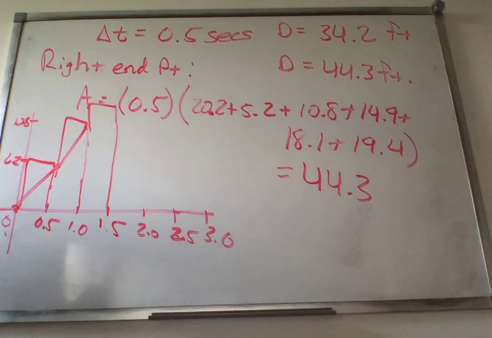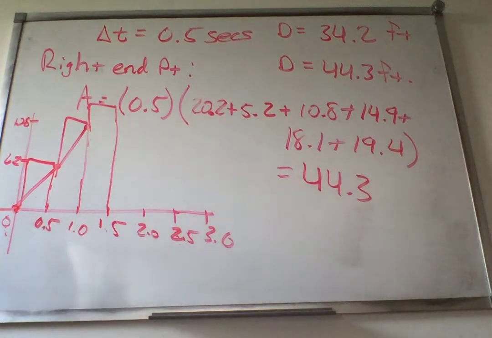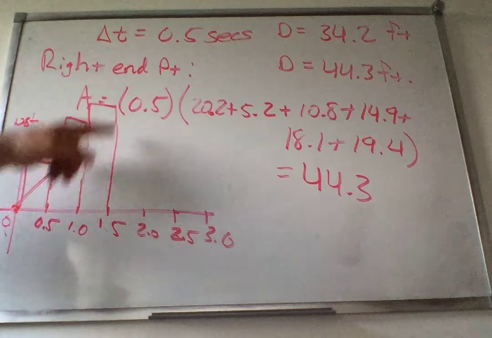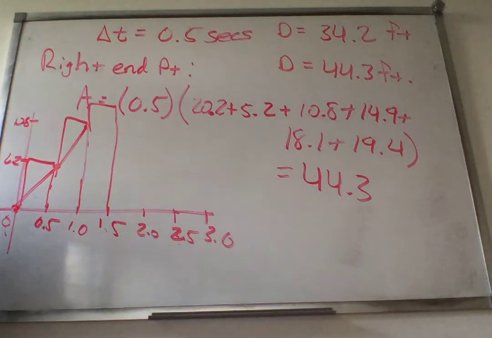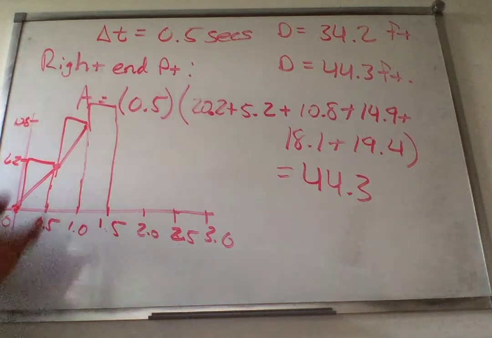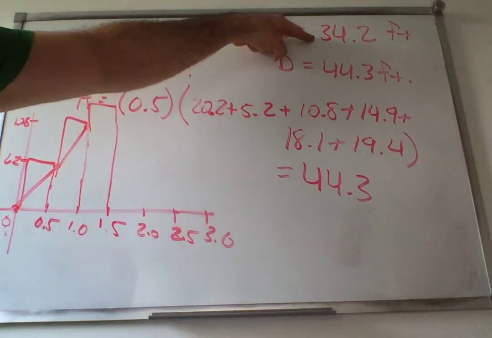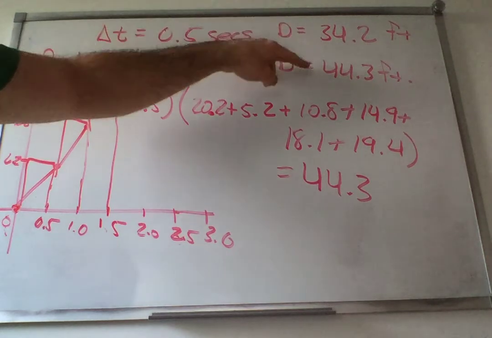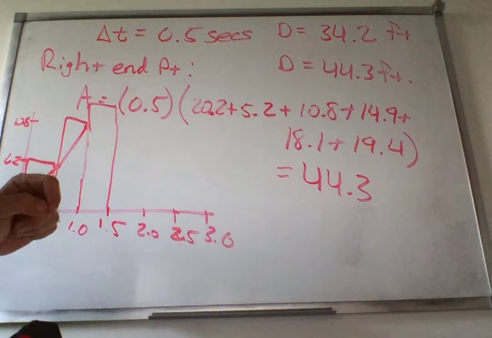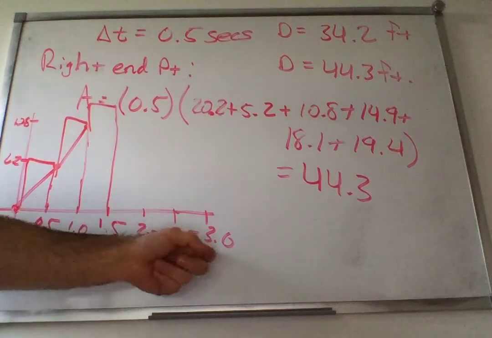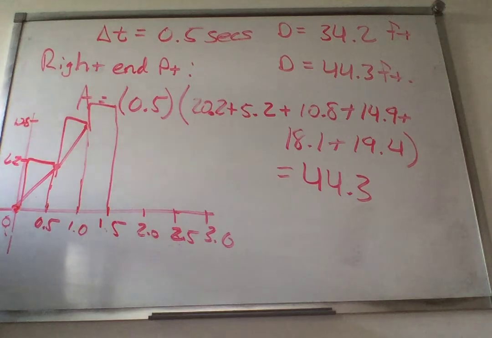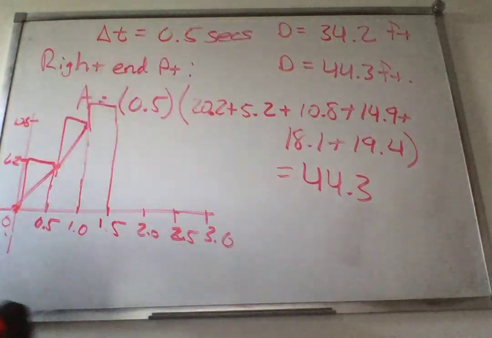In this case, we were given a table of values and we were able to construct rectangles and create a Riemann sum out of it. From that Riemann sum, we found that a lower estimate is 34.2 feet, an upper estimate is 44.3 feet. So we can conclude over this 3-second interval, she ran a distance between 34 and 44 feet.